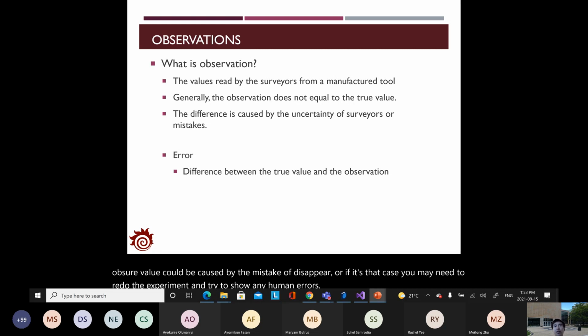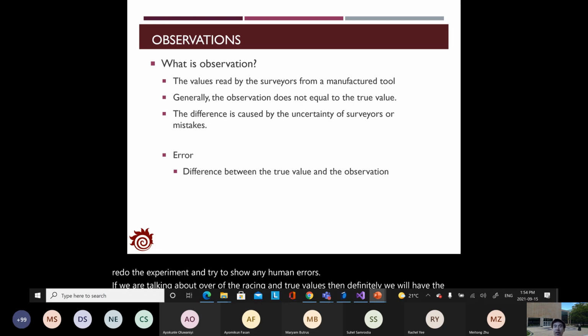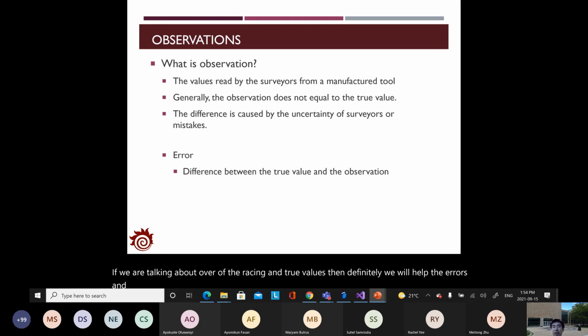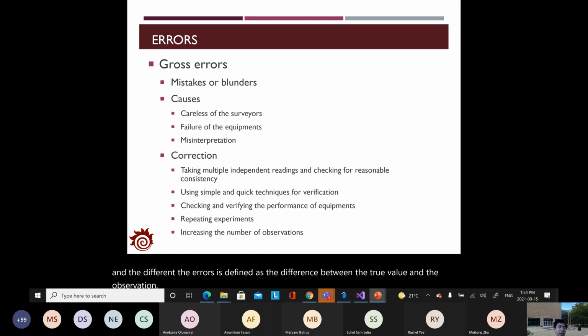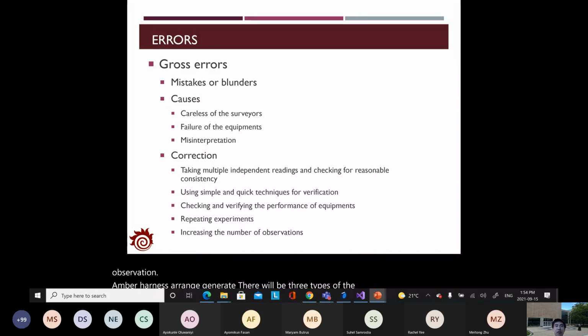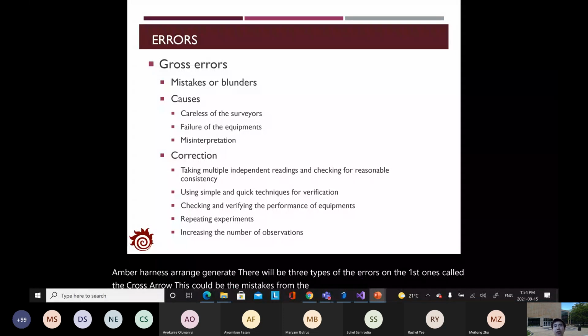So if we are talking about observation and true values, then definitely we will have errors, and the error is defined as the difference between the true value and the observation. In surveying, generally, there are 3 types of errors. The first one is called the gross error. This could be mistakes from the surveyors or blunders in your readings.